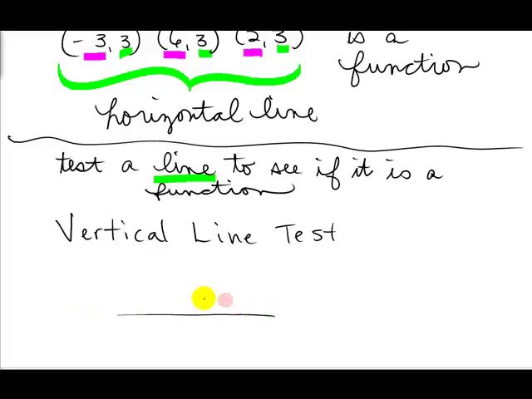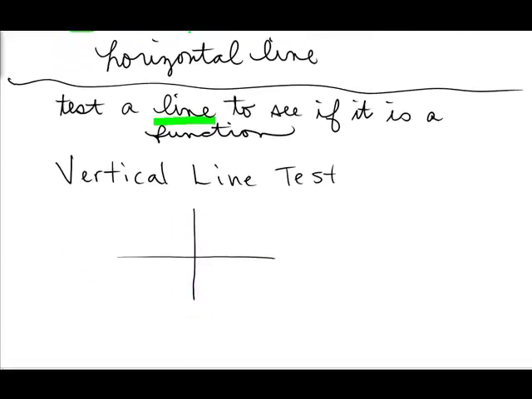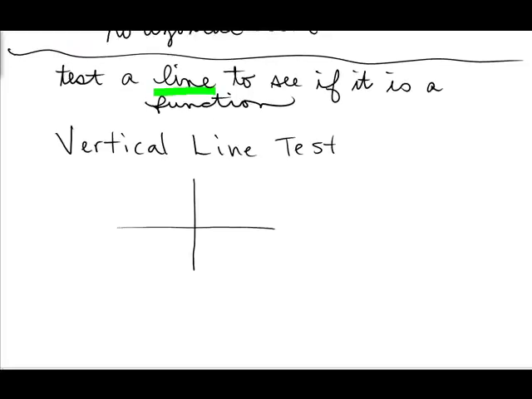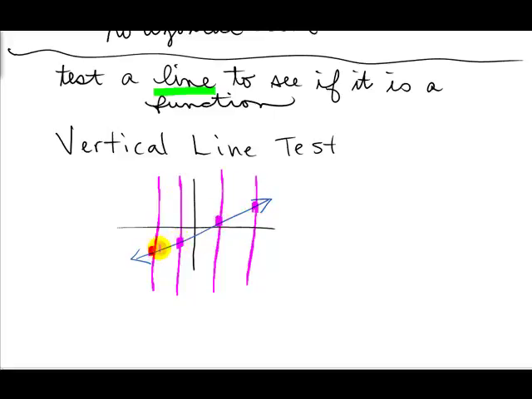So if I have a graph and we have a line that goes across it, the vertical line test says I can draw a vertical line anywhere, and it only crosses that line in one place. And so this would be a function.